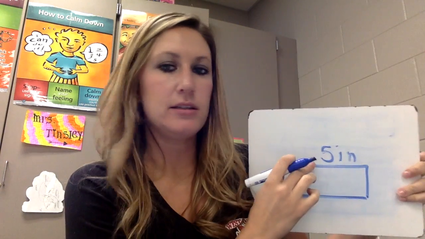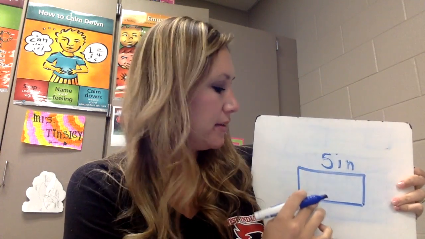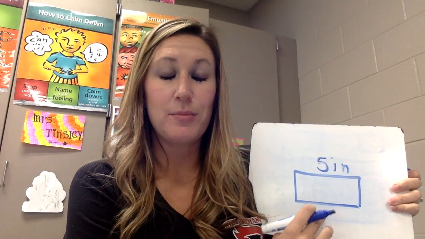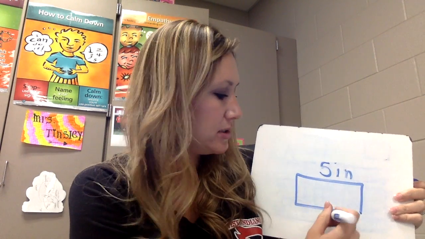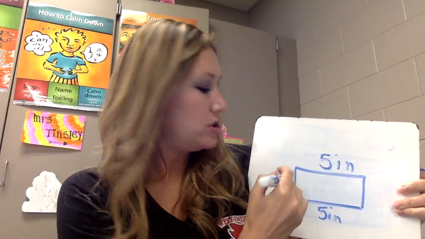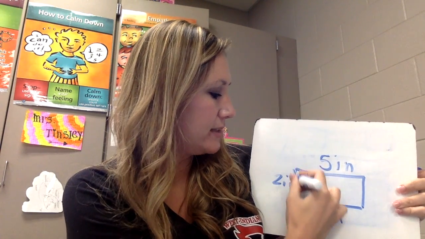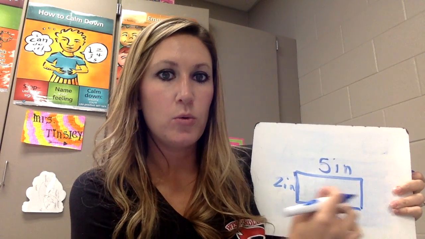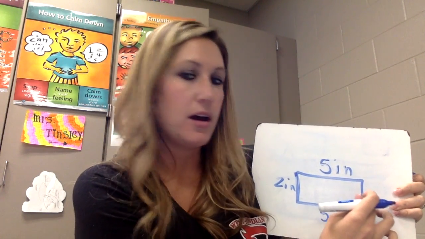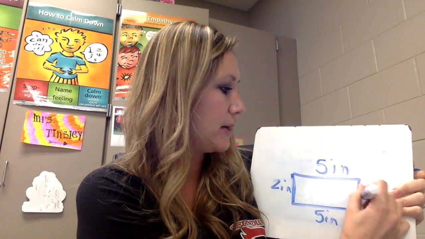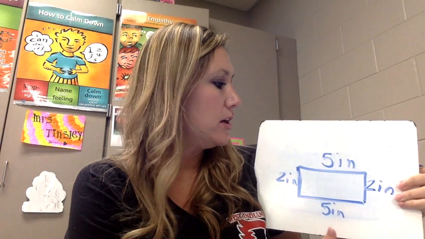So if the top measurement is 5 inches, then I don't even have to write it, the bottom measurement is also 5 inches. Then if I had 2 inches as this measurement from here to here, then I already know that the opposite side of a rectangle is going to be the exact same measurement. So that would also be 2 inches.